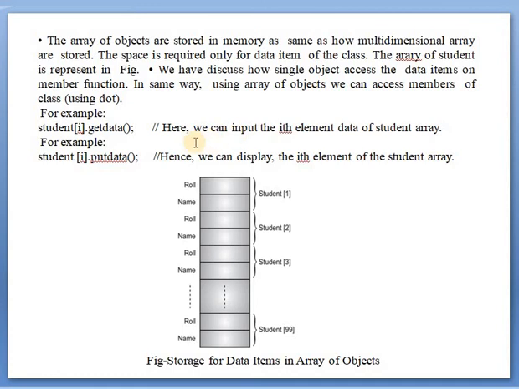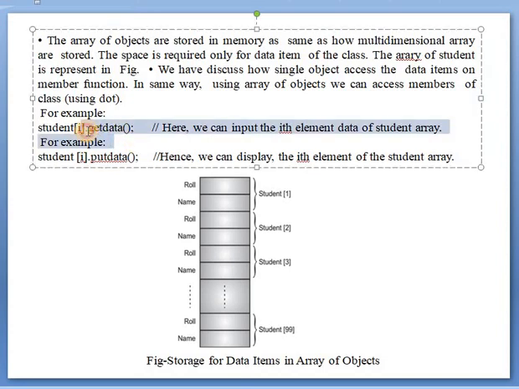We can input the ith element data of the student array. Suppose we require data from the 5th student, here we can write student of 5 dot get data, meaning it will get the data from the 5th student.